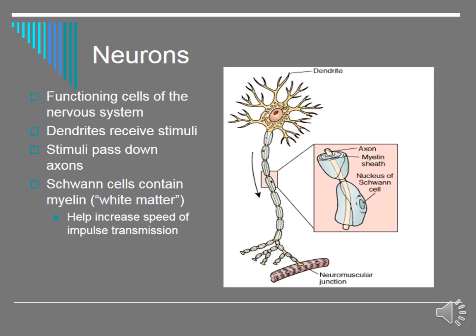Your neurons are the functioning cells of the nervous system. Again, review from anatomy. If you think about it, there are three different main parts here. The cell body, which contains the cytoplasm and the nucleus, is also known as the soma in some books.